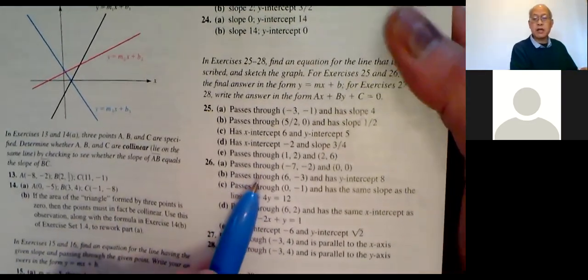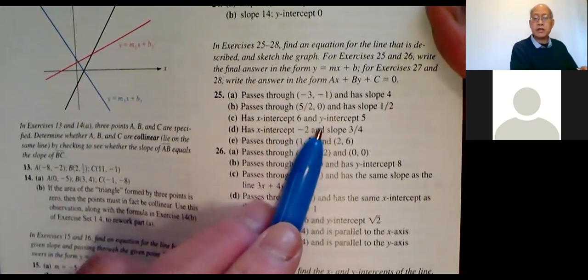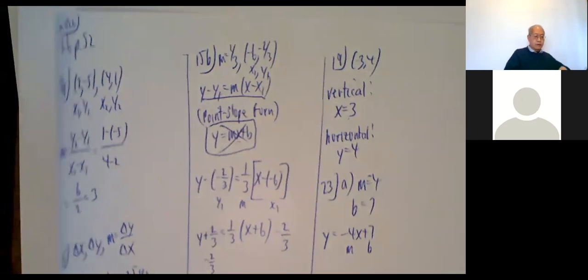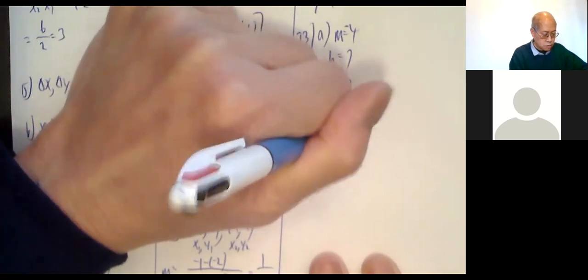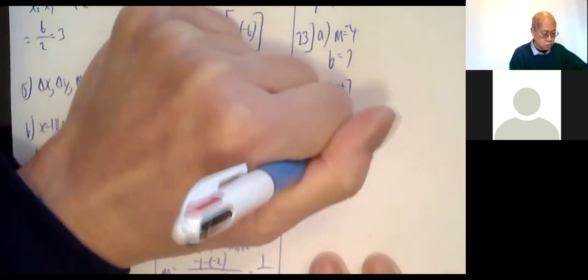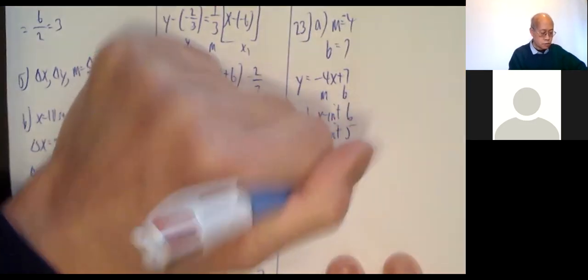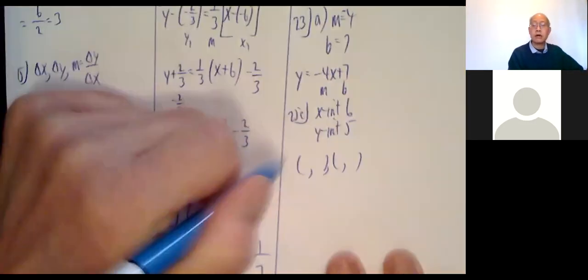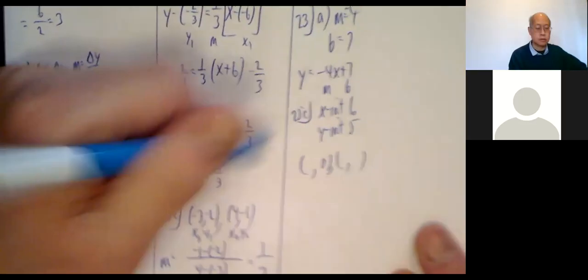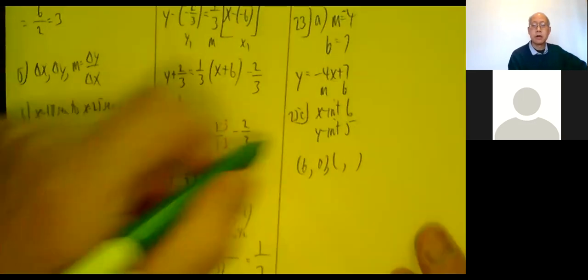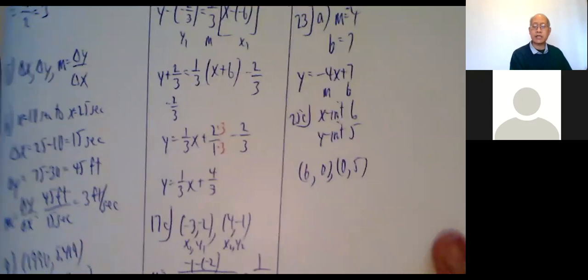Okay, so let me do something a little bit different. C, x-intercept 6, y-intercept 5. I'll do 25C for you. Okay, remember, x-intercept means y equals 0. Y-intercept means x equals 0. That's the way you want to do this one.